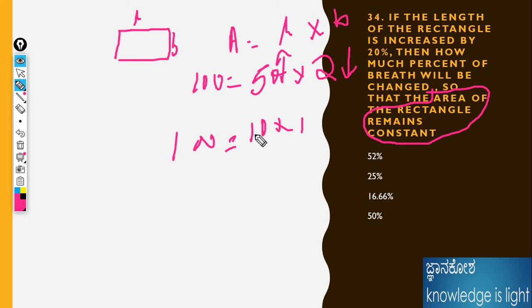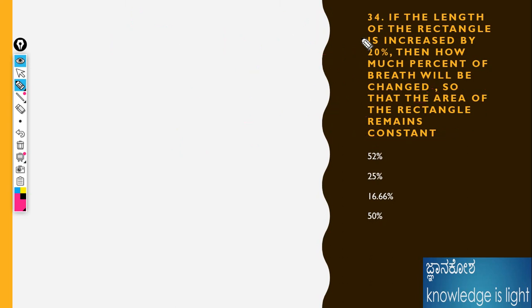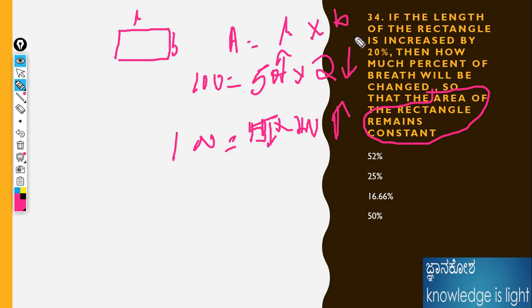Let's take this as 5, this as 20. If any problem comes with the same area, one value should be increased and one value should be decreased, in our mind. If it is not given at all, I will tell the logic here.